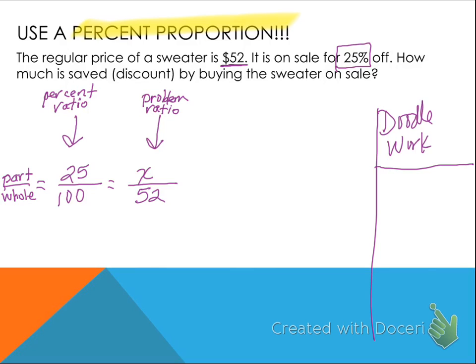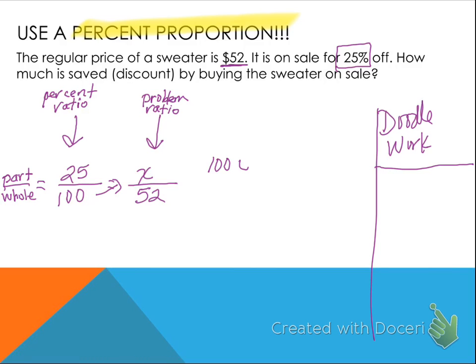So now we're going to set this up just like we have set up everything else that we have worked with proportions. We're going to write an equation. We're going to work down our page so that way everything is nice and neat. So I'm going to go ahead and I am going to cross multiply.